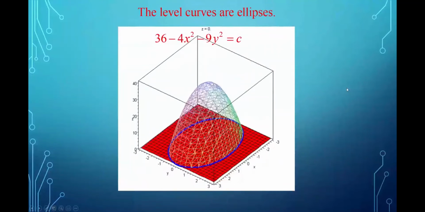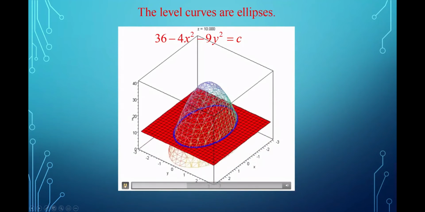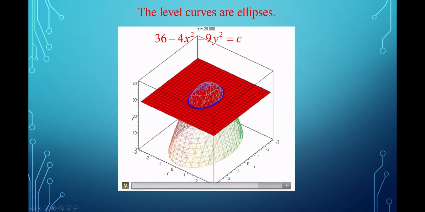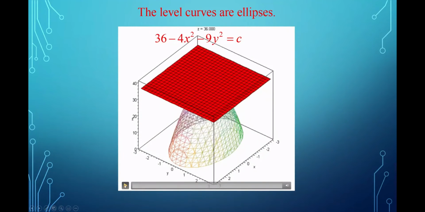Now, in the next slide here, I've got the same picture, except this one is a little MP4 video within the video. If I click there, you can see this MP4 animate the plane.